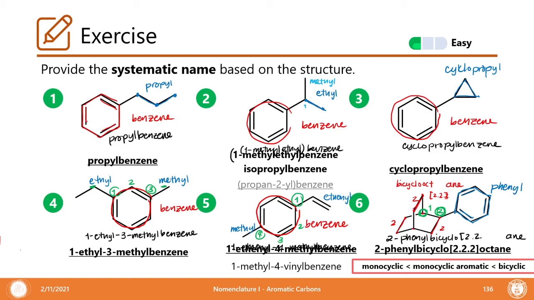Apologies for that. So bicyclo 2,2,2-octane. And so when we choose the parent chain, we have to remember that monocyclic is the lowest priority, followed by monocyclic aromatic. This goes for benzene rings, naphthalene rings, and then followed by your highest priority, which is bicyclic. So that's the hierarchy.